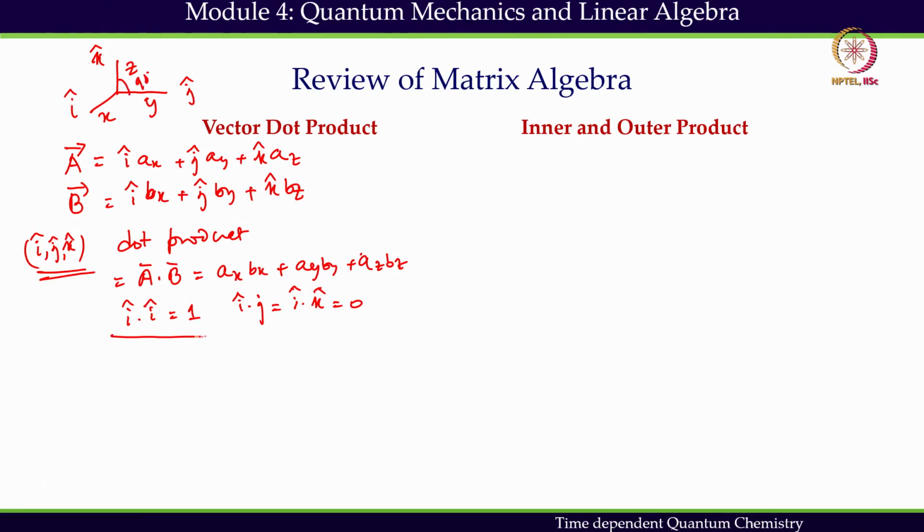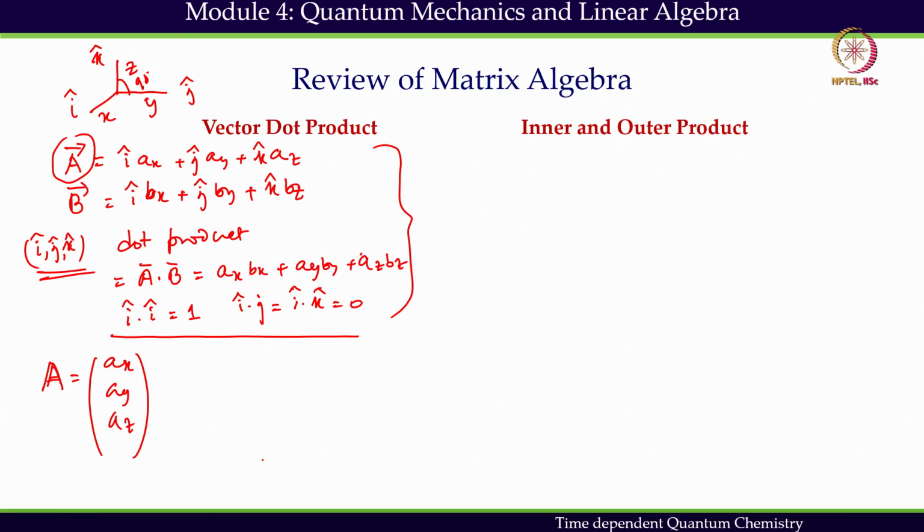So, this definition comes from algebra, and as I have told you before, this vector can be represented in matrix form. When I represent the vector in matrix form, A becomes a column matrix Ax, Ay, Az, and B becomes a column matrix also, Bx, By, Bz. These are represented with respect to this basis.